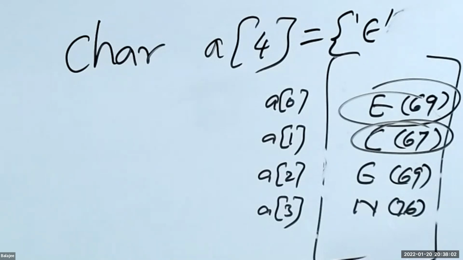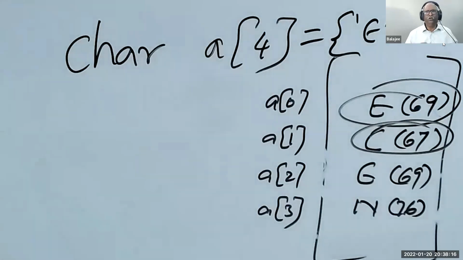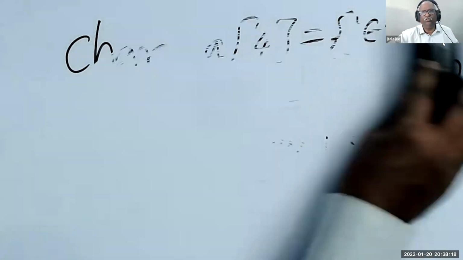Okay, let me go back. Let me stop this. If I explain this to you, you'll be able to understand the code. Let me put it on the same zoom mode. Then it'll be easy for you to read. Okay.